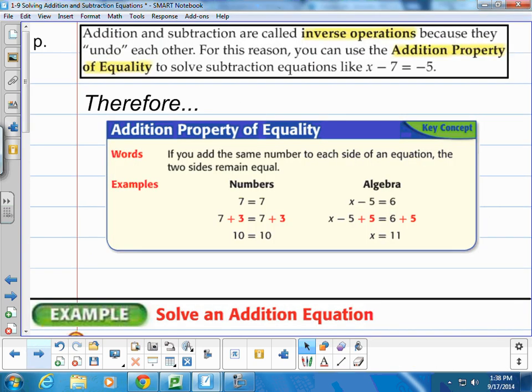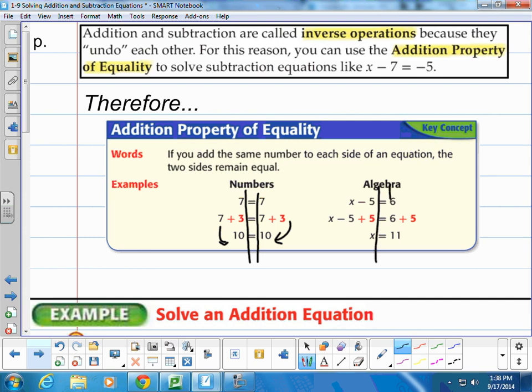Just like the opposite, adding and subtraction, we call these inverse operations because they undo each other. For this reason, you can use the addition property of equality. Just like what we did when we saw addition, we undid it by subtracting. We're going to do the same thing here. Just like before, we added on a number, we subtracted, now we're adding, and we end up with the same thing.